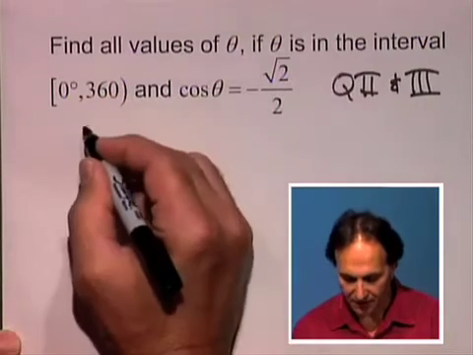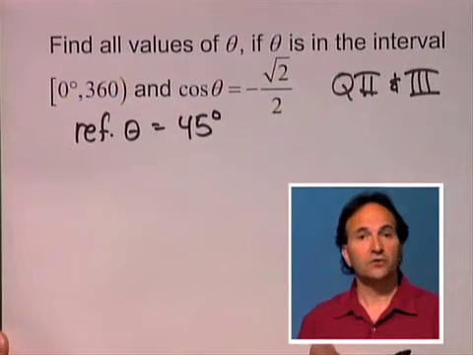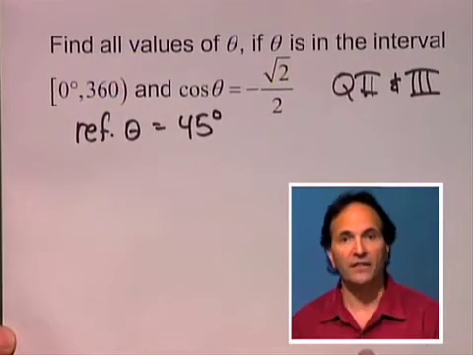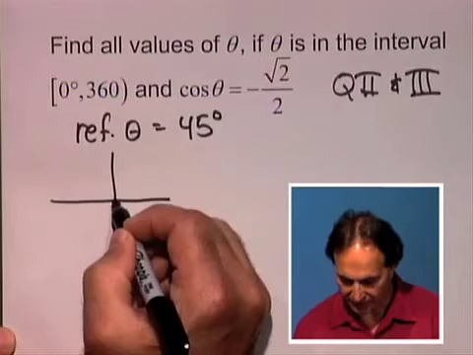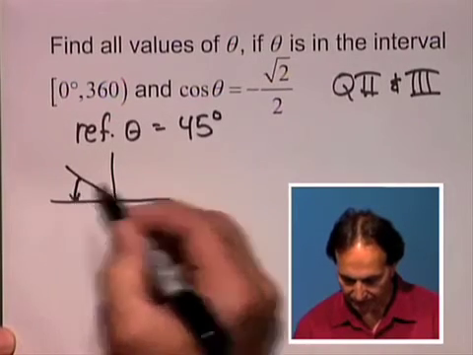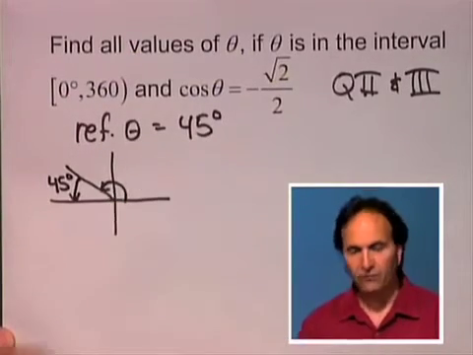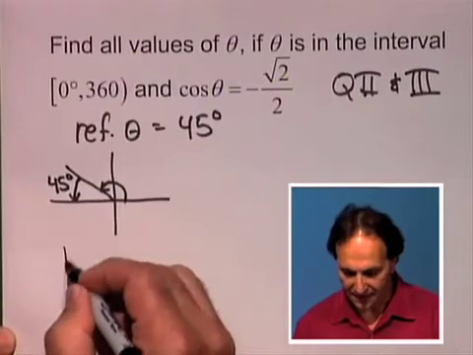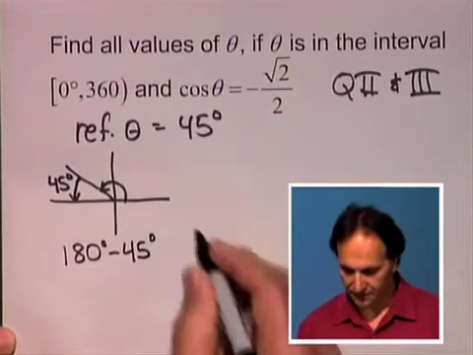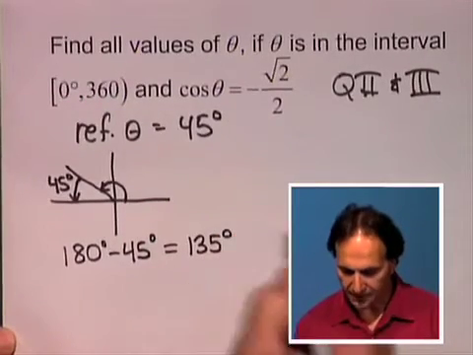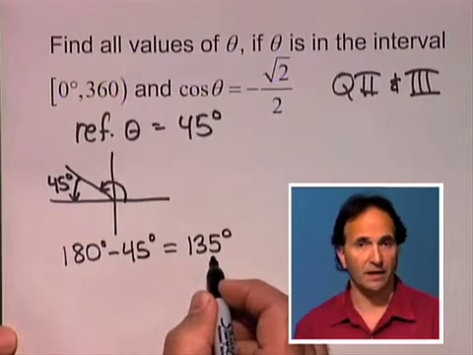That would be the reference angle 45 degrees. So now we want an angle in quadrant 2 that has a reference angle of 45 degrees. Let's draw 45 degrees as the reference angle. So to find the angle itself, we would take 180 degrees and subtract 45 degrees, which gives us 135 degrees. So one possible angle for theta is 135.